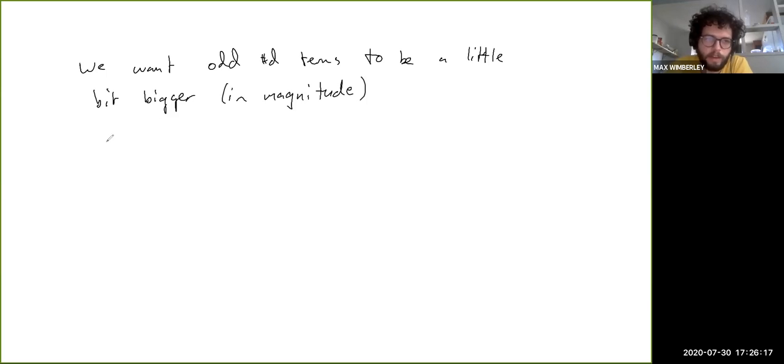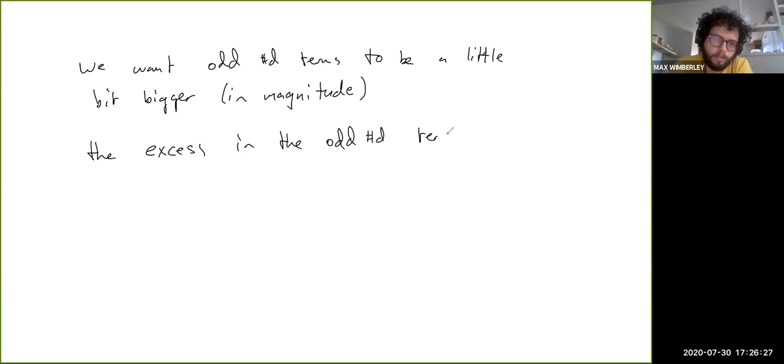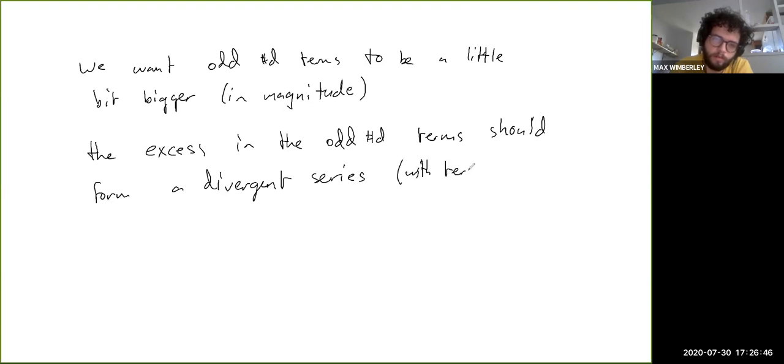And then the idea is that the excess in the odd numbered terms should form a divergent series with terms approaching 0, right?